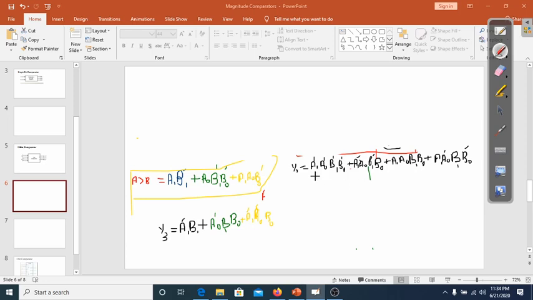So this expression can be further simplified. I can write it as, here in these two terms we know that A1 prime and B1 prime are common.